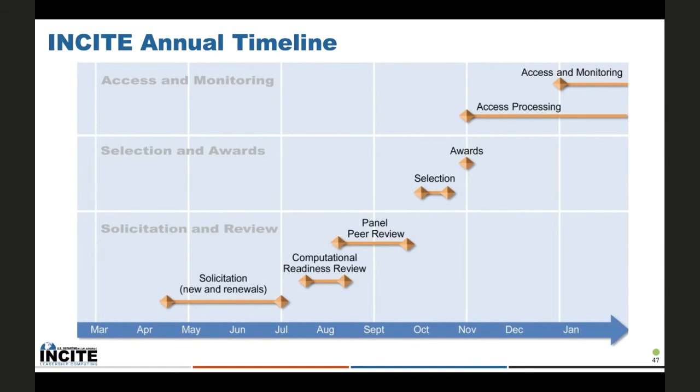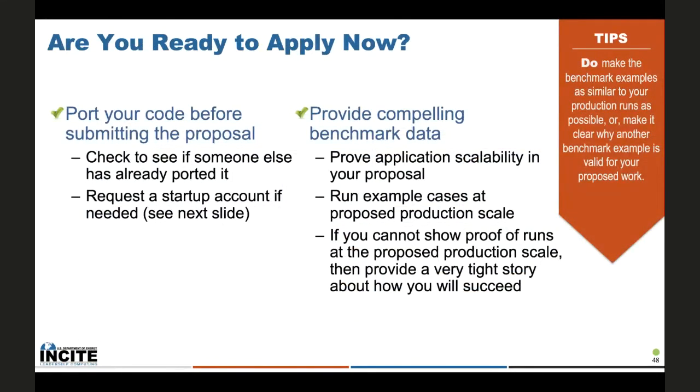All right, so the annual timeline is covered. Next is about whether you're asking yourself, am I ready to apply now? There are a couple of points which can help you decide. First of all, is the code ported before submitting the proposal? If you are going to use community software, check if an HPC-ready or GPU-accelerated version is available from the developers.